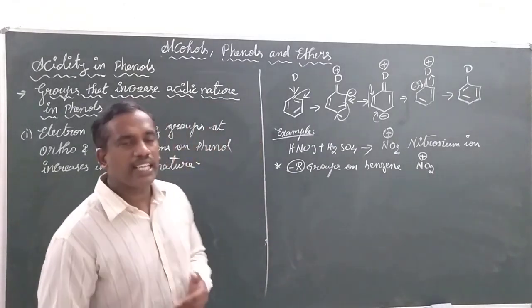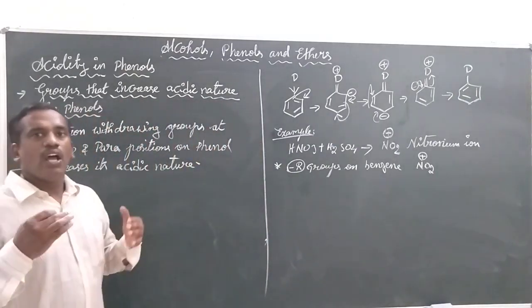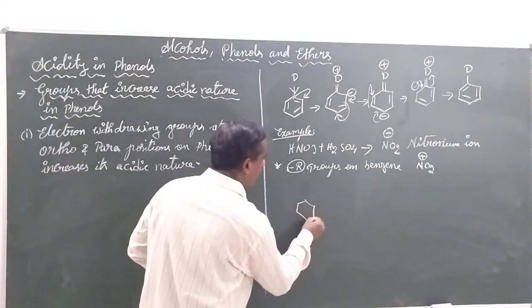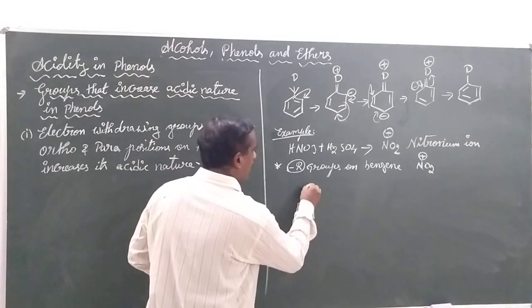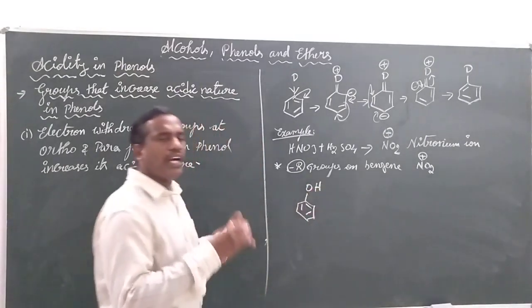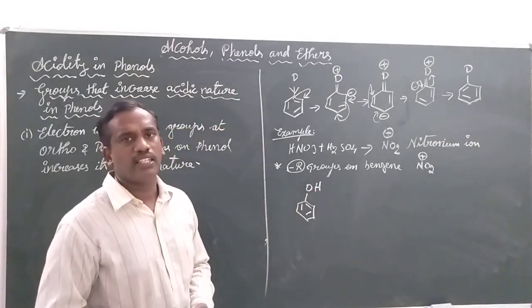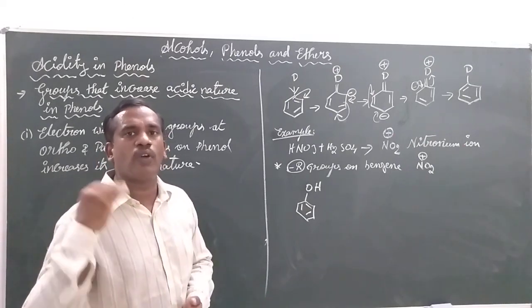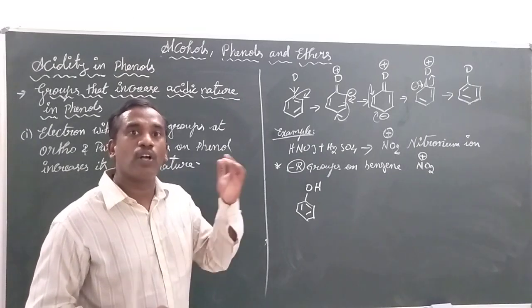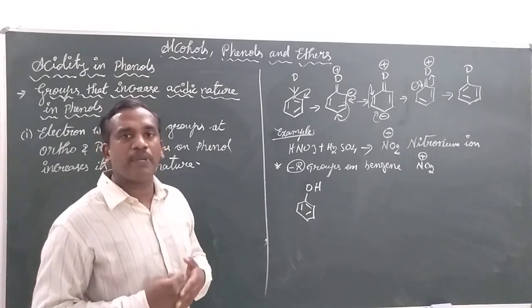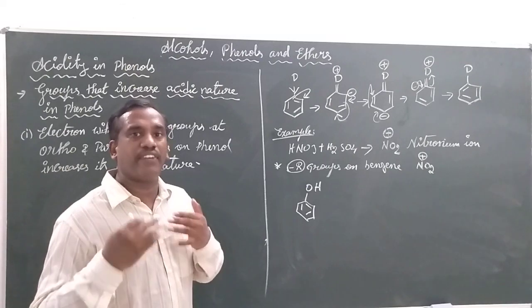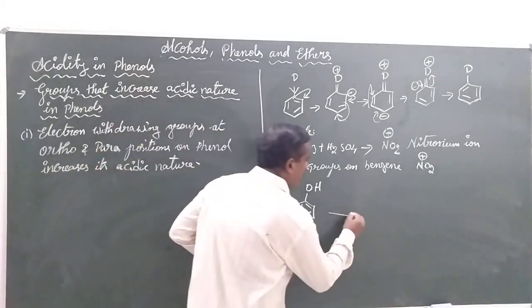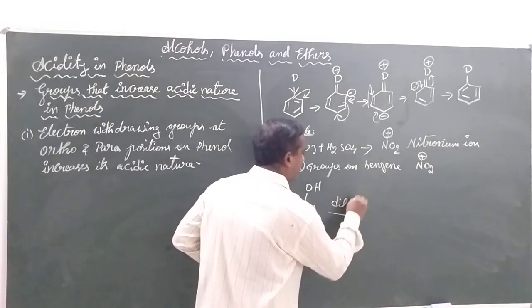Whenever we have a phenol, we have already discussed the resonating structures, where negative charges are present at ortho and para positions, including ortho dash. Now let us see what happens when phenol is reacted with the nitration mixture, or especially with only dilute nitric acid.